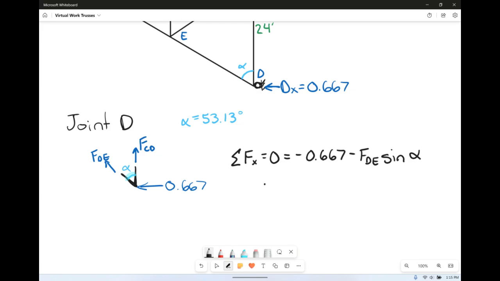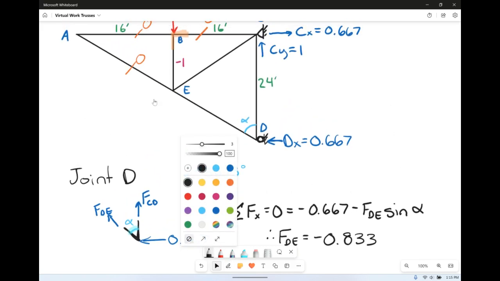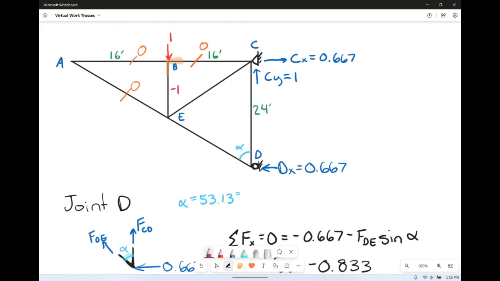So we're going to find that FDE is equal to negative 0.833. So we can write that up here into our little truss. So we said FDE is negative 0.833.